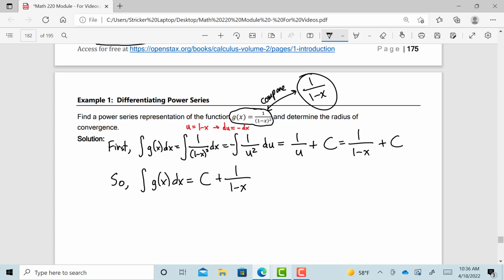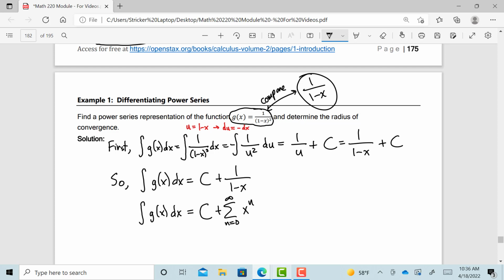Okay, so let's go ahead now and rewrite this as a power series. So we have the integral of g of x dx is equal to, and the reason I wrote the c at the front is because I don't want it to interfere with this power series representation, because we know this is the sum of x to the n.